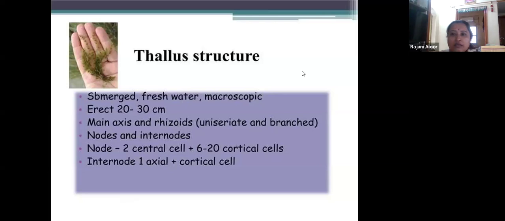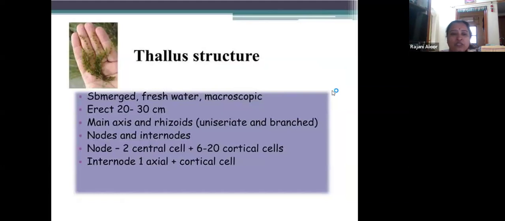See, you can observe this here. The thallus of Chara is a branched, multicellular and macroscopic structure.